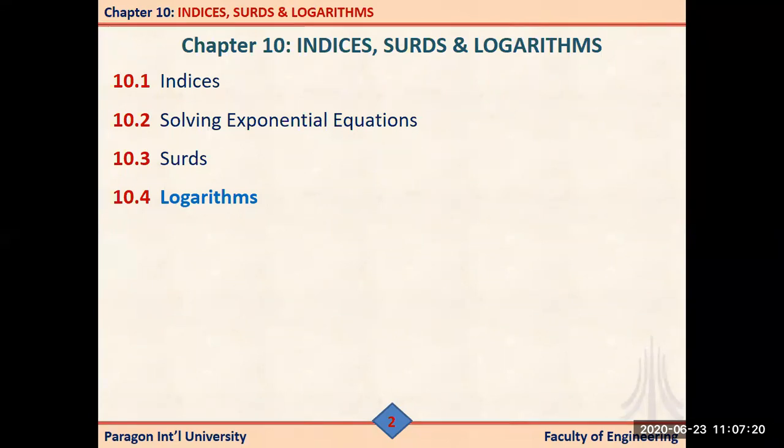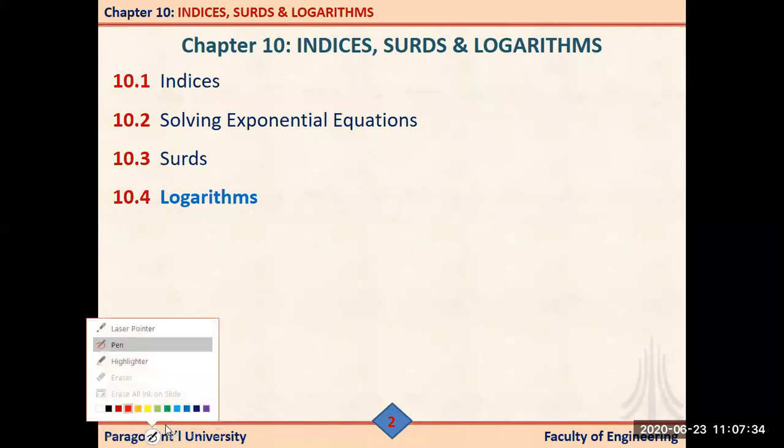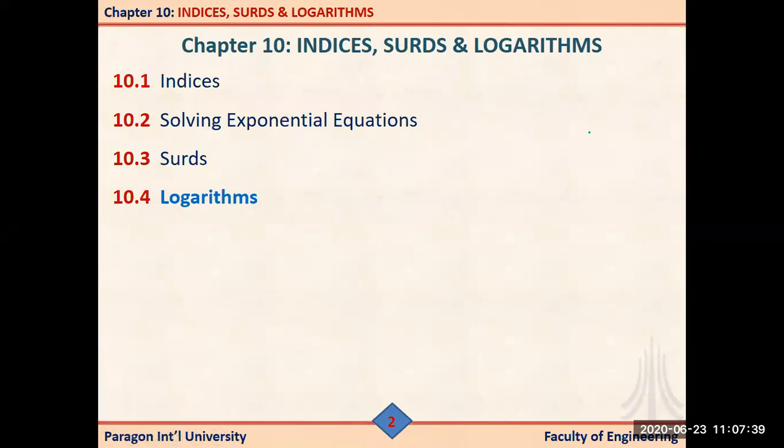As I told you earlier, when you are dealing with compound interest problems, we have the amount A equal to P, the principal, times 1 plus the rate to the power T, right?